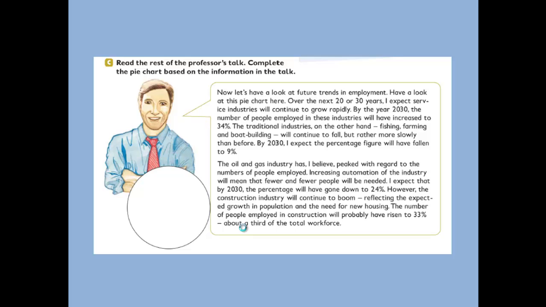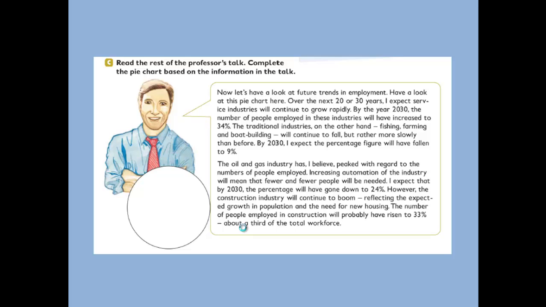Over the next 20 or 30 years, I expect service industry will continue to grow rapidly. By the year 2030, the number of people employed in these industries will have increased to 34%.